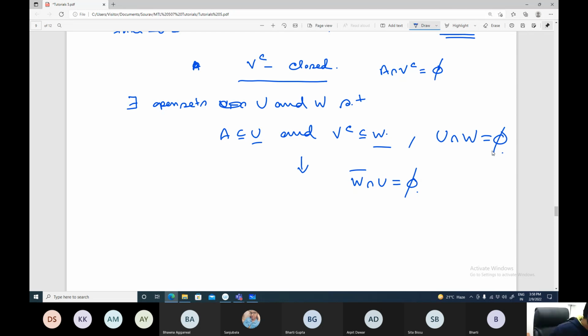Then what is that? Instead of U, I want V complement here, right? So W bar intersection V complement.